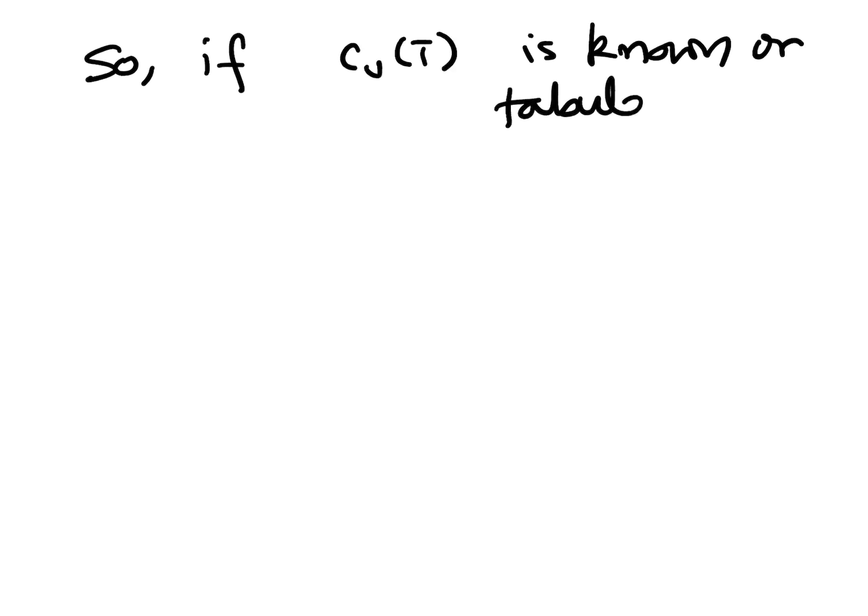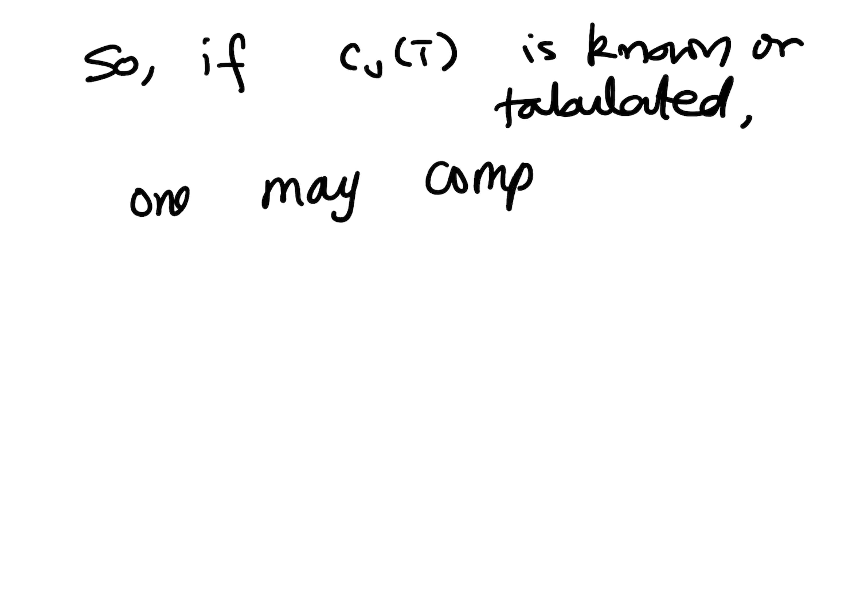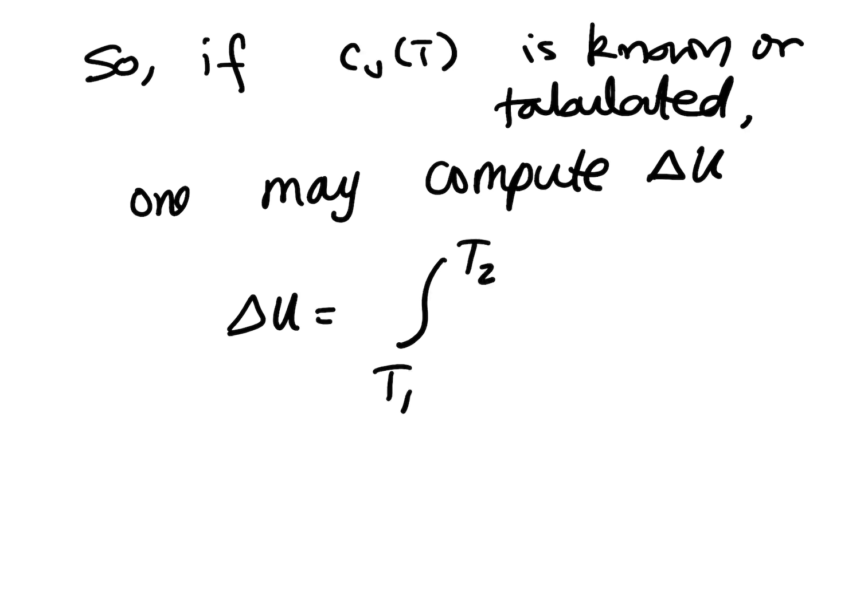So if Cv of T is known or tabulated, one may compute internal energy changes as simply delta U equals the integral from T1 to T2 of Cv of T dT.